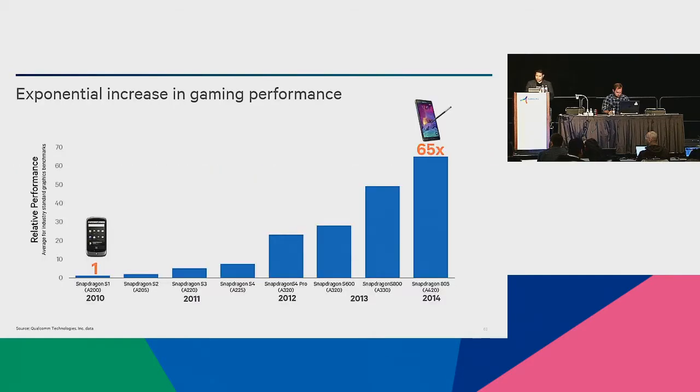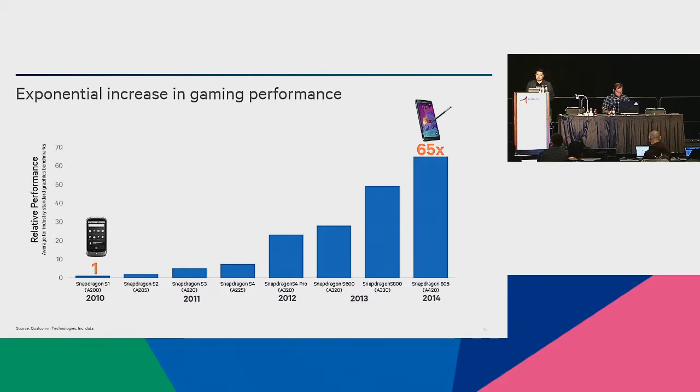The next thing that I want to point out is relative performance, and this is just your graphics or gaming performance. This is based on a number of graphics benchmarks that we ran on multiple devices and compared. On the left extreme side where you see 1, that's the Nexus 1 device that was launched in 2010. Now we are 4 years down the line.